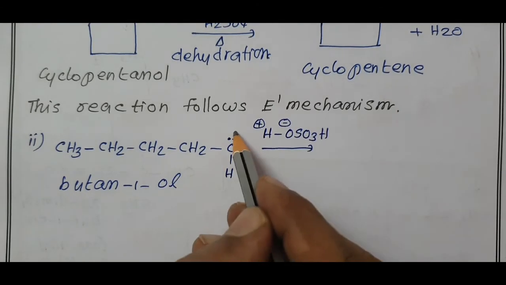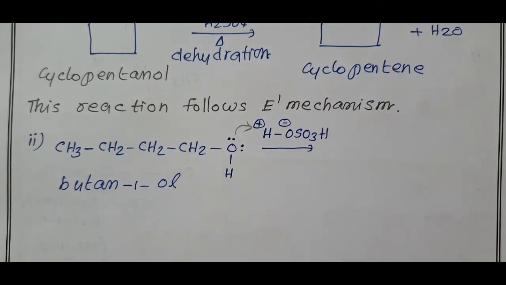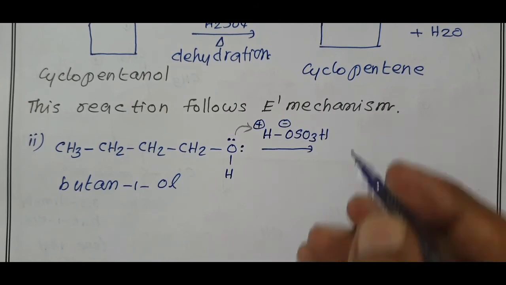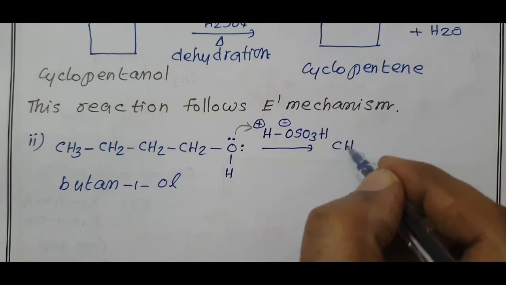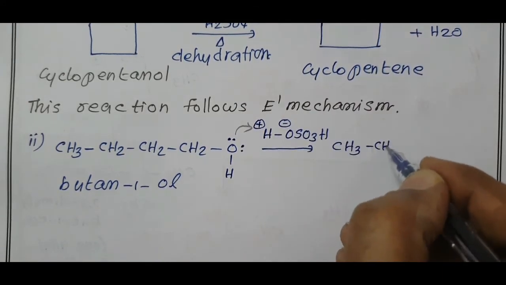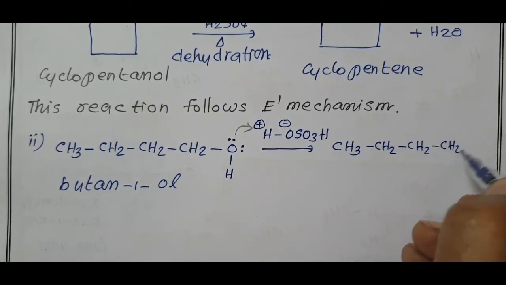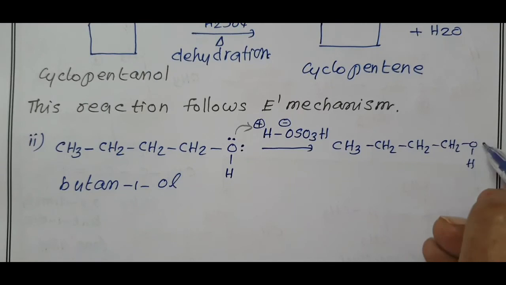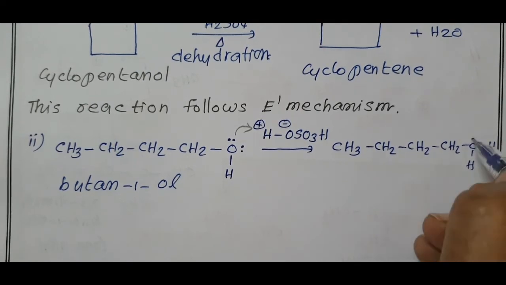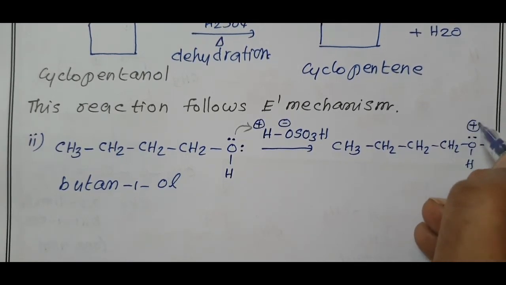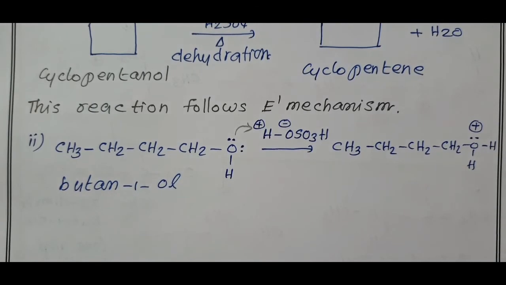Oxygen donates a pair of electrons to H plus, thereby a new bond is formed. CH3, CH2, CH2, CH2, OH. One more new bond is formed with hydrogen. There is one pair of electrons plus on the oxygen atom.